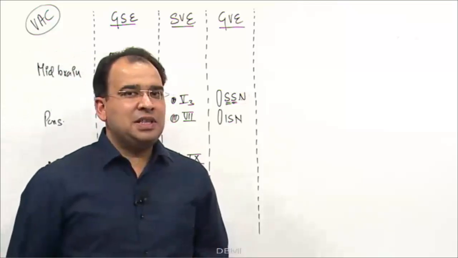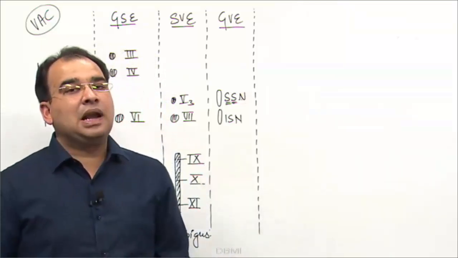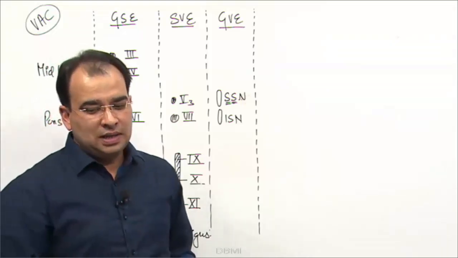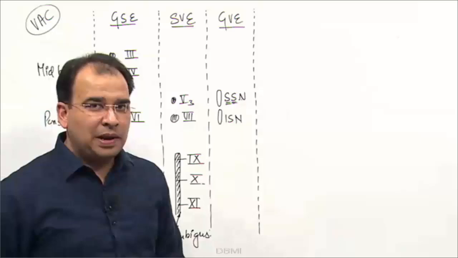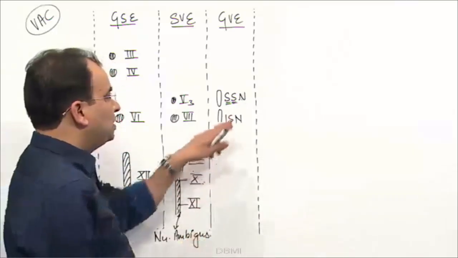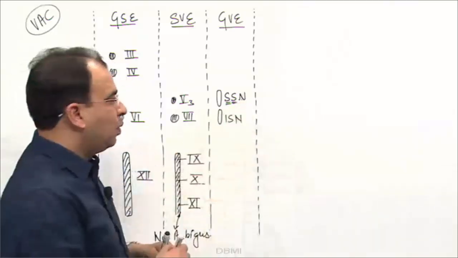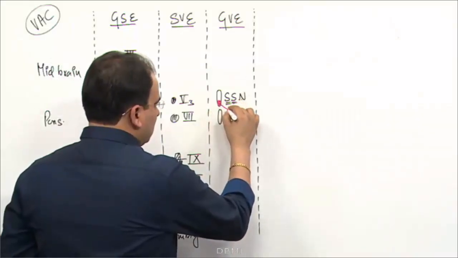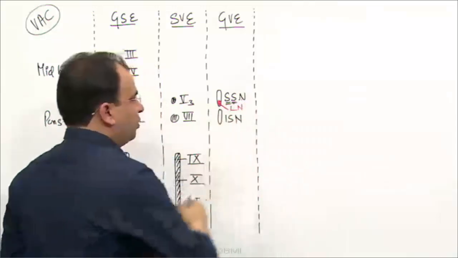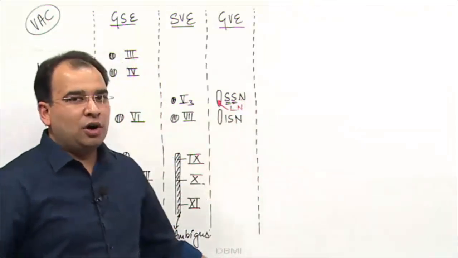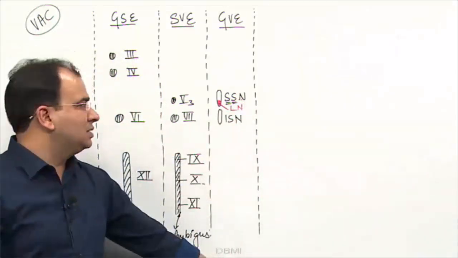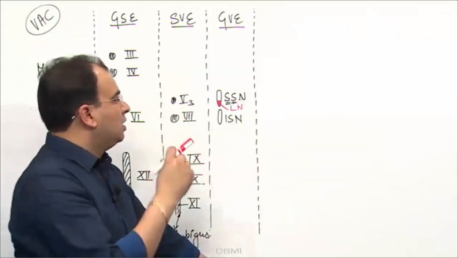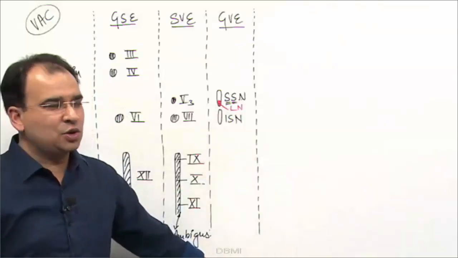Now in AIPG they even asked the question that lacrimal gland is supplied by what nucleus, and lacrimatory nucleus was not in the option. If the question says so, then you will go with the superior salivatory nucleus only. Why? Because the caudal part of superior salivatory nucleus is nothing but lacrimatory nucleus, or you can say it is fused with the superior salivatory nucleus caudally.